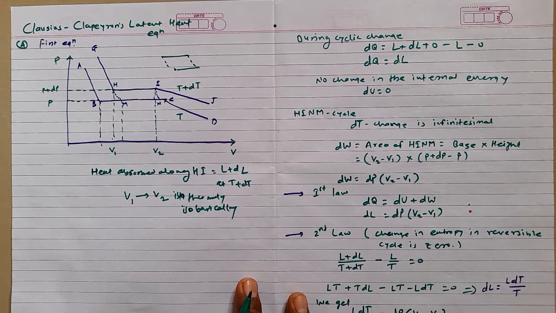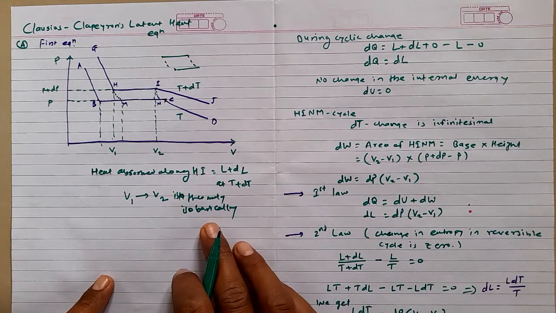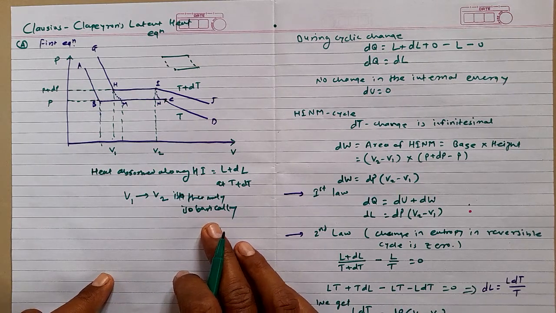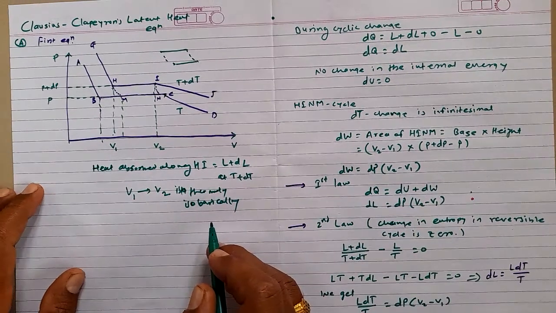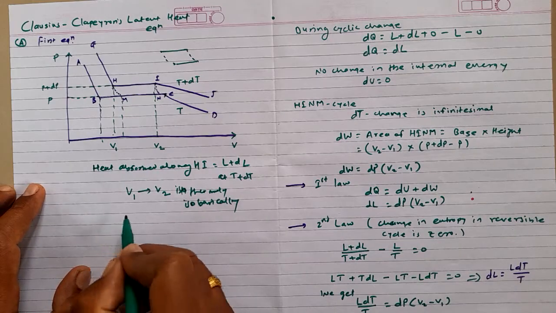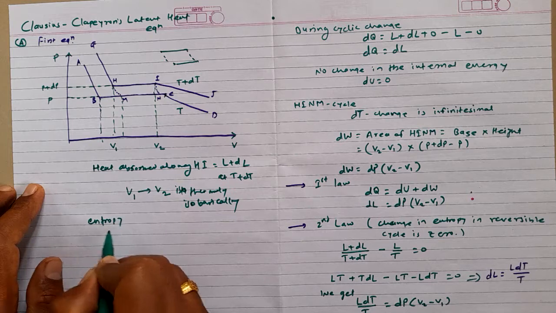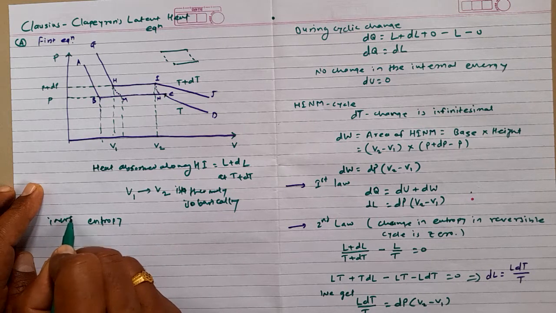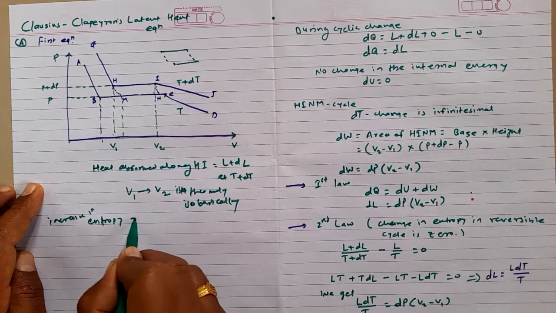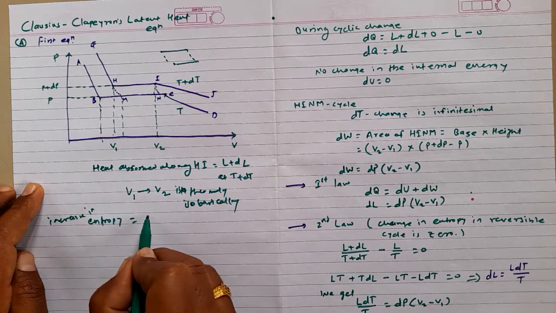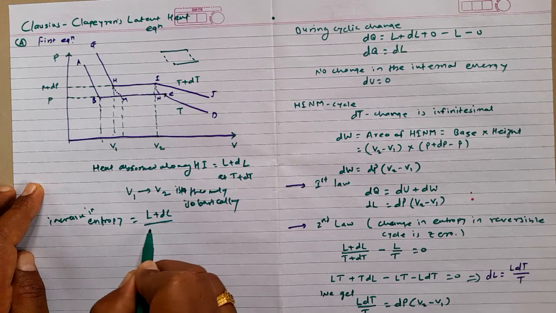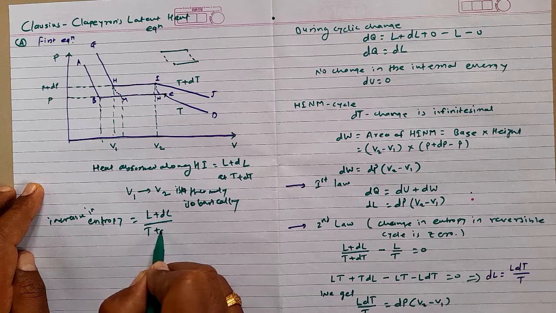So the liquid is converted into the vapor. So the increase in the latent entropy, or increase in entropy at this point, is given as L plus dL upon T plus dt.